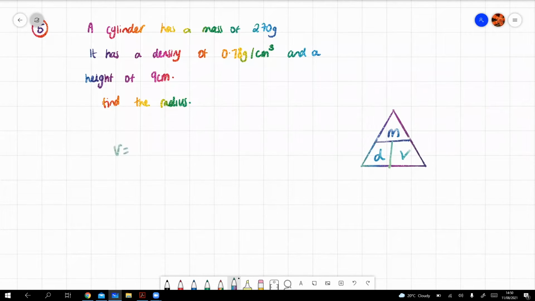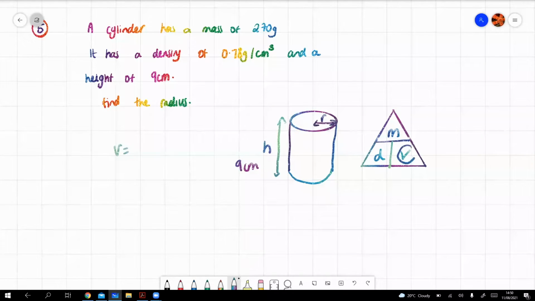So volume. I'm just going to draw myself a little cylinder here at the side as well, so you can see. We've got the height here, which is 9 centimeters, and I'm going to want to know the radius. To work out the volume, I've got to do mass divided by density, and I know both of those.